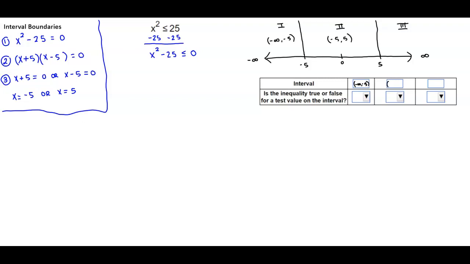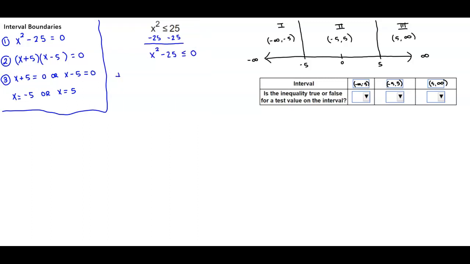And the third interval goes from 5 to positive infinity. So far, that is our set of intervals. Now what we need to do is find our testing points.